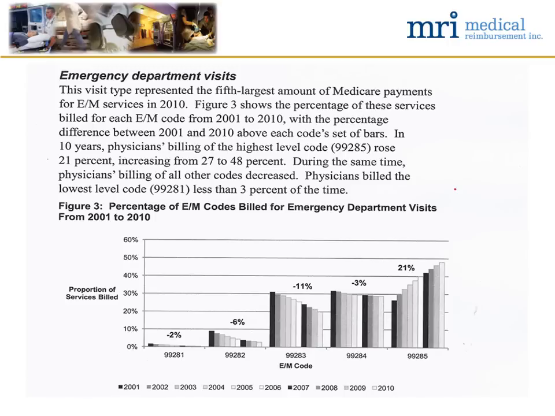In 10 years, physicians' billing of the highest level code, a 99285, rose 21%, increasing from 27 to 48%. During that time, physicians' billing of all other codes decreased. Physicians billed the lowest level code, 99281, less than 3% of the time.